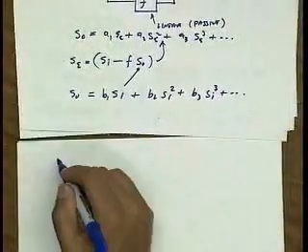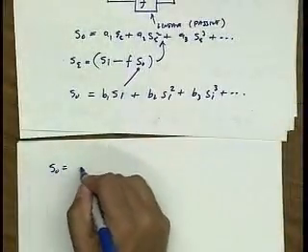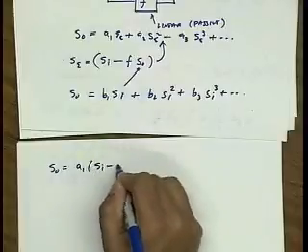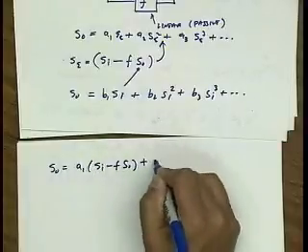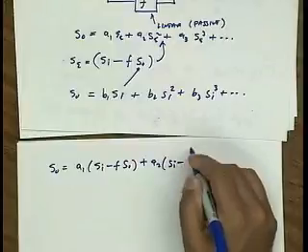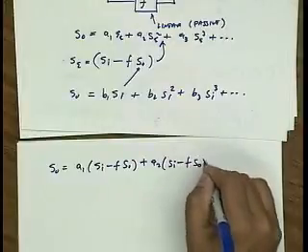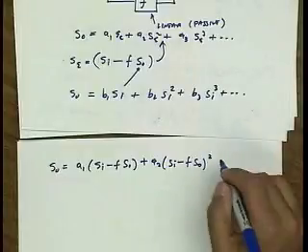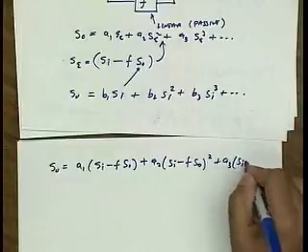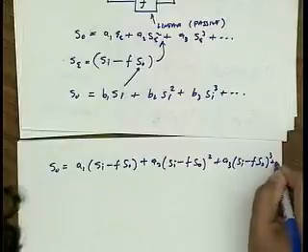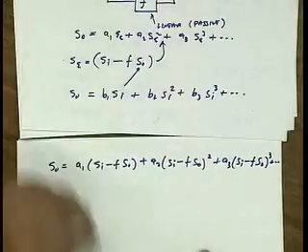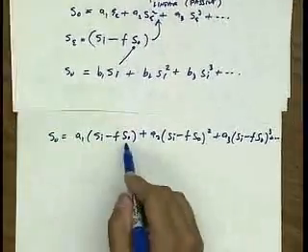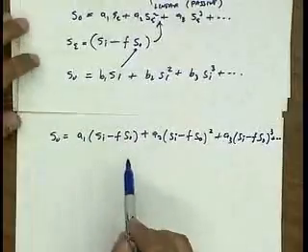So let me try to do that. I have S output is A1 times (S input minus F S output), plus A2 times (S input minus F S output) squared, plus A3 times (S input minus F S output) cubed, and so on. And I'm going to substitute this series here.